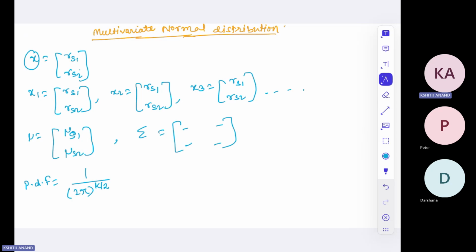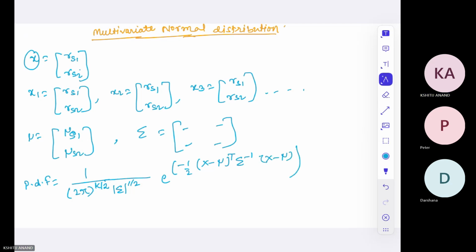Into 1 over the square root of the determinant of sigma, and then e to the power minus half (x minus mu) transpose, the inverse of the variance covariance matrix, and (x minus mu).